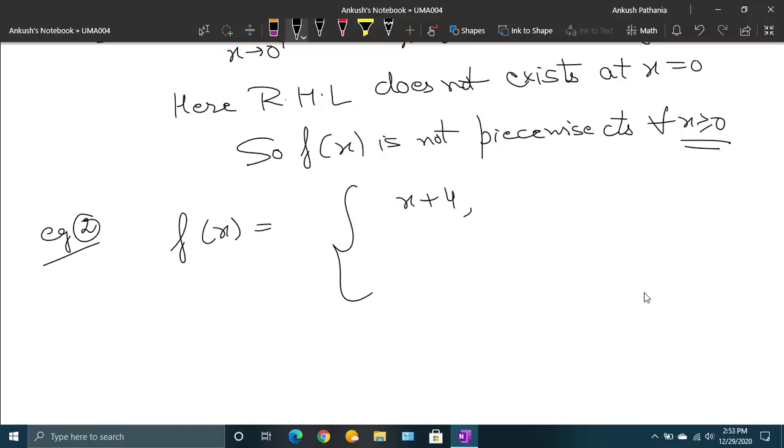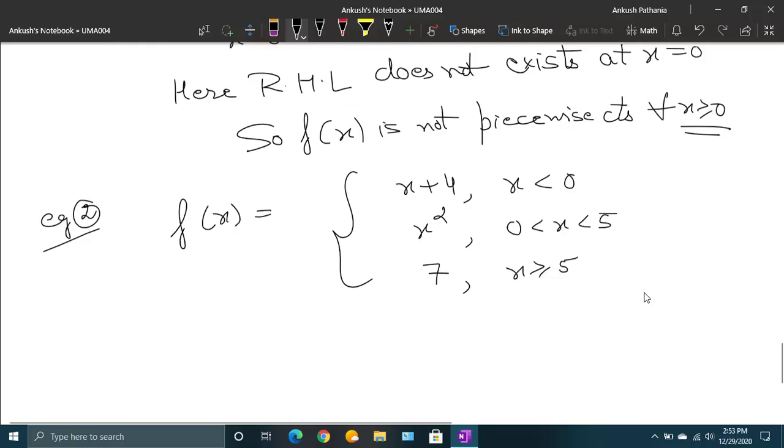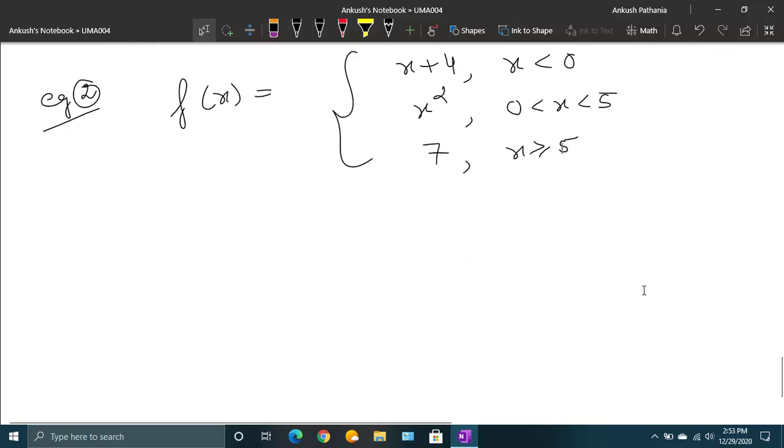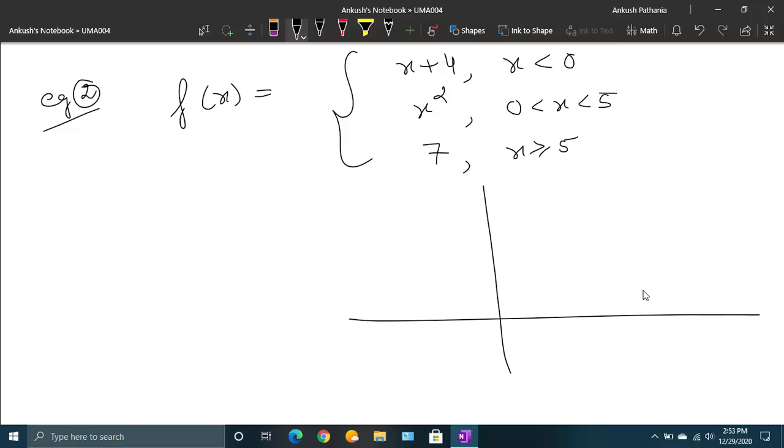Say you have this example: x plus 4 for x less than 0, x squared for 0 less than x less than 5, and 7 when x is greater than or equal to 5. Clearly in this case, if I plot it, the graph will be like this.